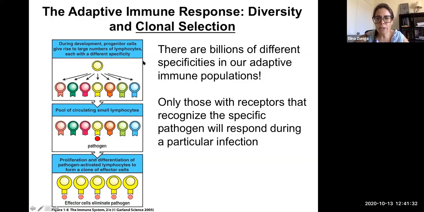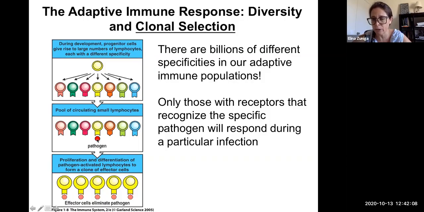And so only those receptors that recognize the specific pathogen will respond during a particular infection. Okay, so in this pool that we are born with, we will have receptors that recognize HIV, measles virus, influenza virus, but only those receptors that recognize measles virus will be selected when they encounter a protein for which they are specific.